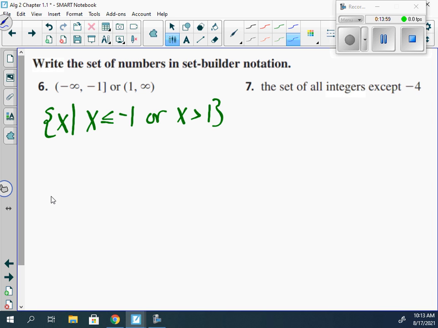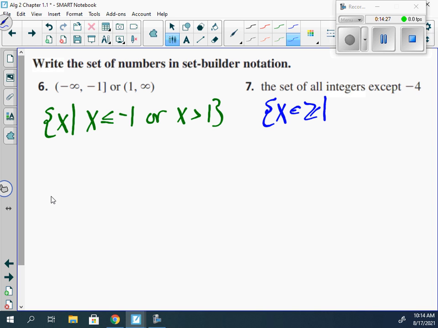Okay, let's look at the next one. This one you'll probably like out of most of them: the set of all integers except -4. So we'll start off the same. Brace x. But what do we need next? Almost. Easy with our two bars.